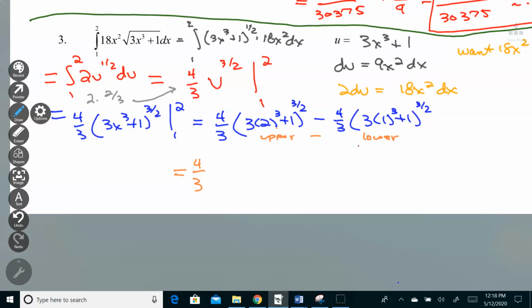4/3, and this turns out to be 4/3 times 25 to the 3/2 minus 4/3 times 4 to the 3/2, which equals 4/3 times 125 minus 4/3 times 8.